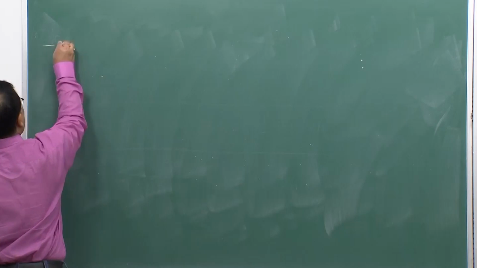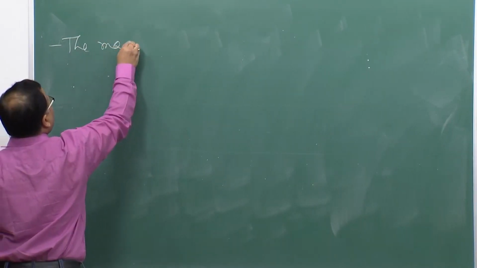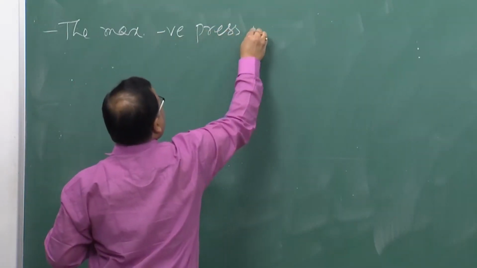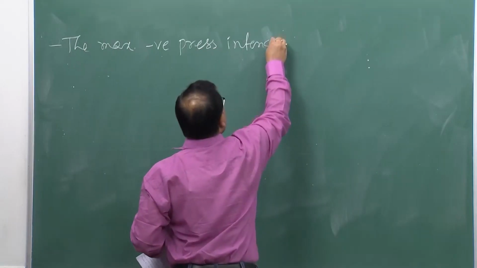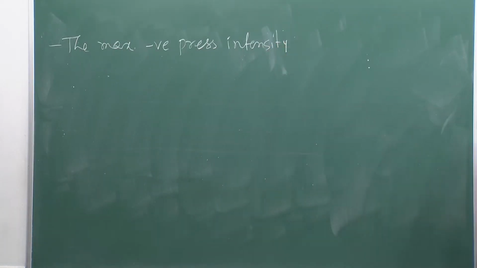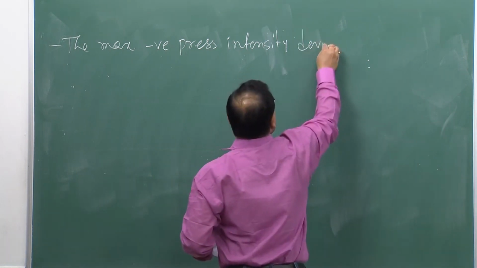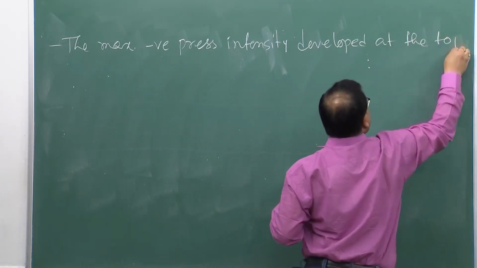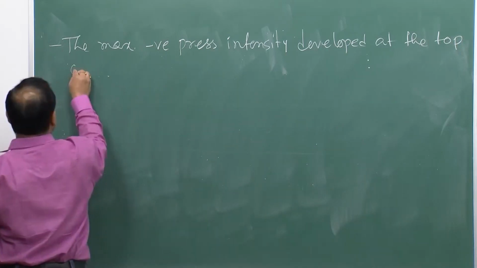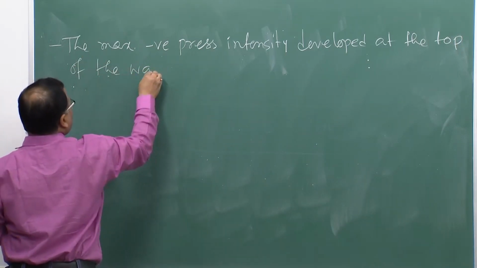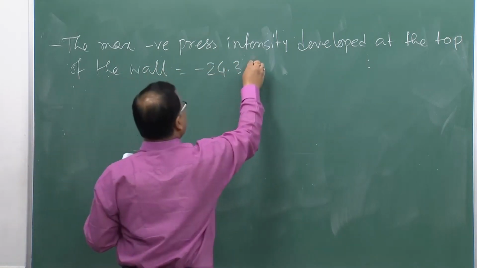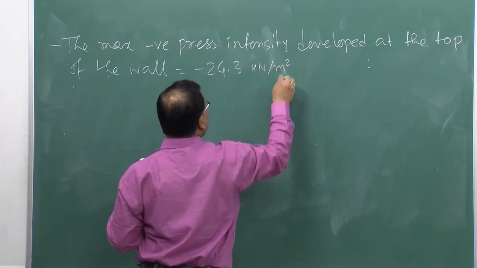So, the maximum negative pressure intensity developed at the top of the wall is equal to minus 24.3 kilonewton per meter square. Already we have calculated and seen that.